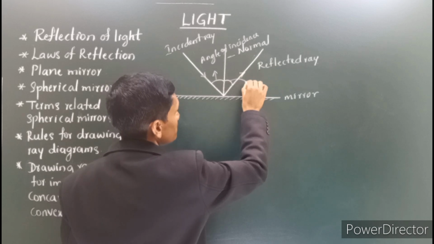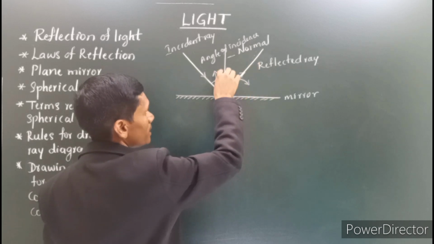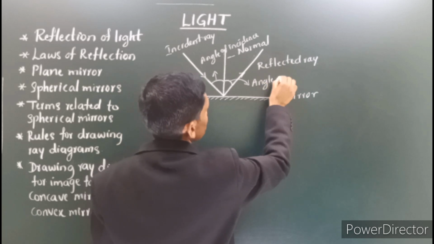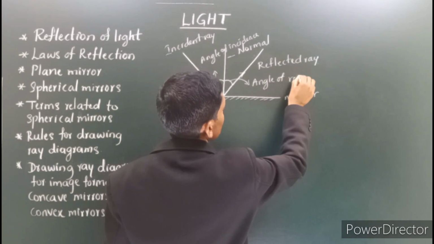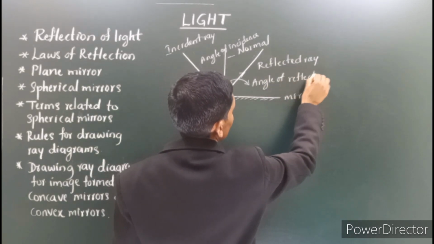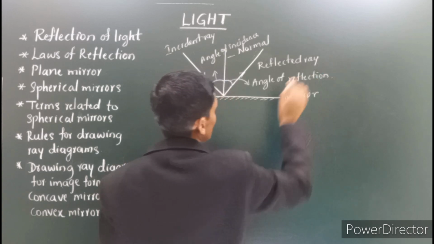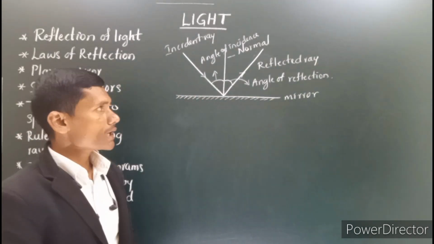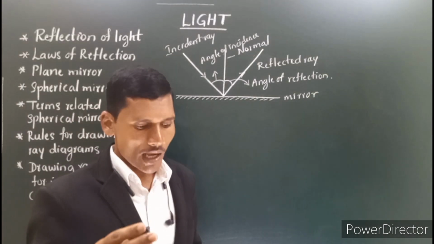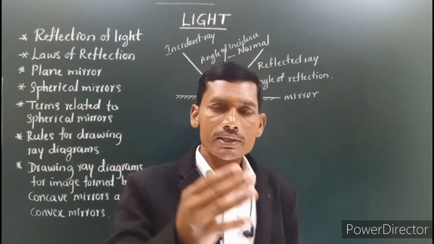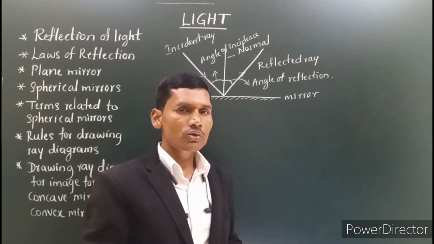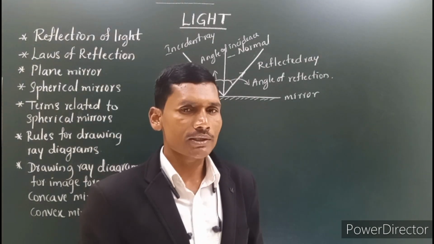This angle made by the reflected ray with the normal is called the angle of reflection, right? Now you understood what the angle of incidence is, what the angle of reflection is, what the incident ray is, and what the reflected ray is. Now we have to learn the laws of reflection.